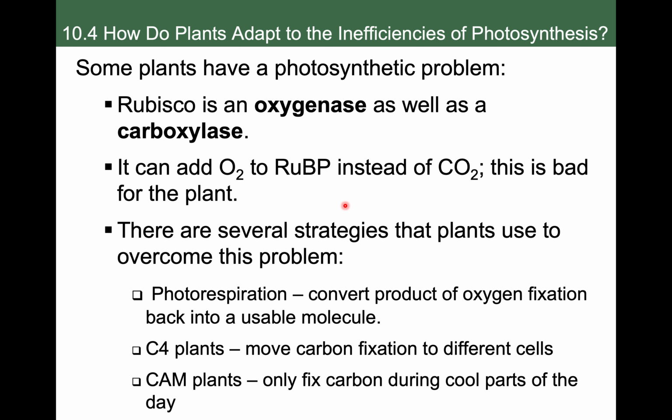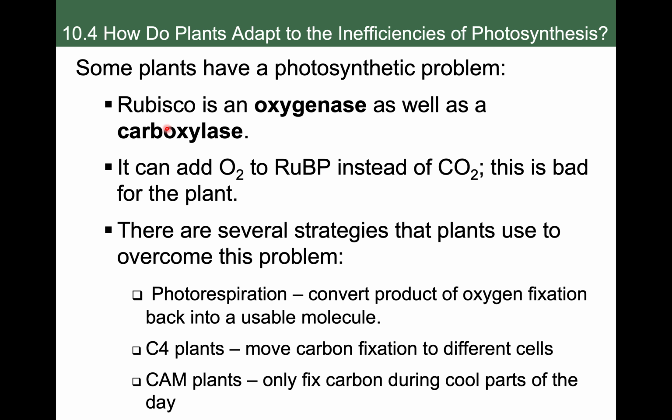I also wanted to point out this important issue that can arise with photosynthesis, and this ties in with that enzyme rubisco. That's the enzyme that fixes carbon, right? Incorporates carbon from carbon dioxide into these molecules in the Calvin cycle.